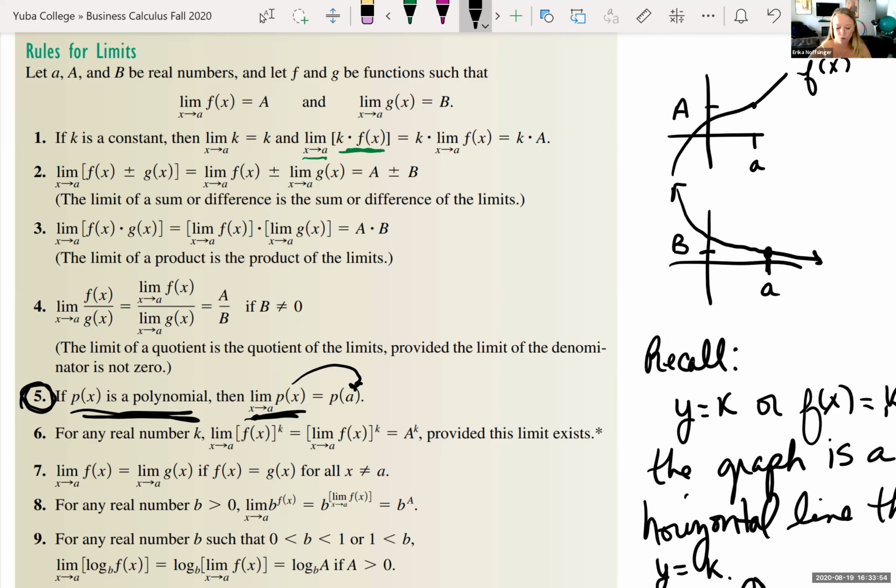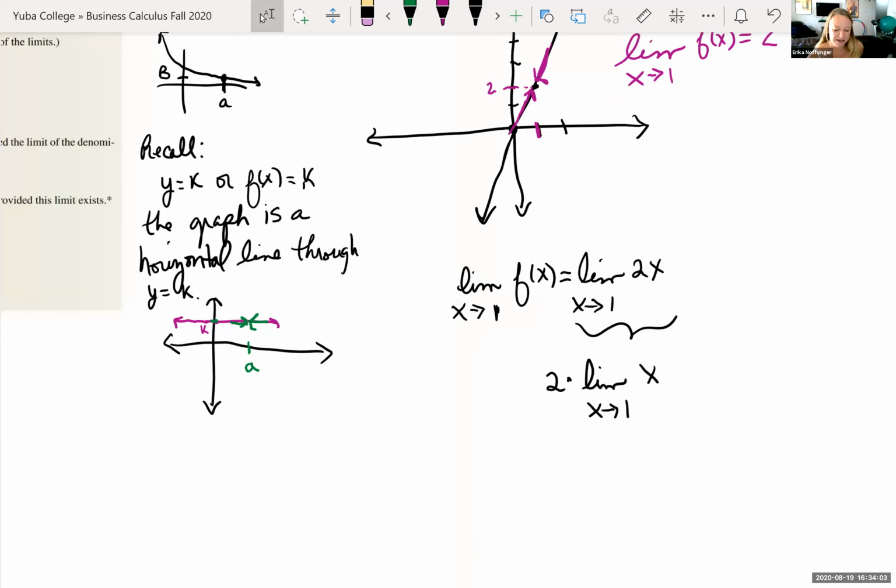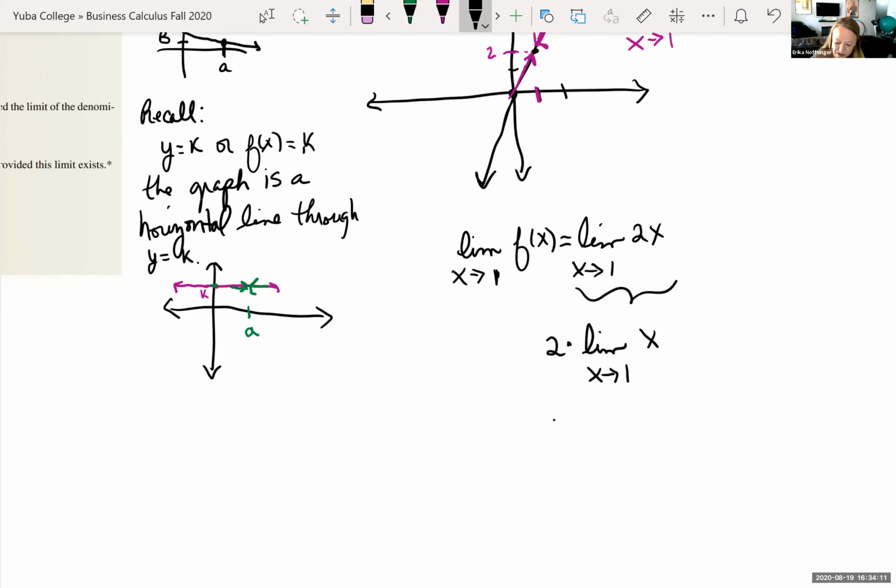So using that rule 5 over here, well, x is a polynomial, and I could have even used it here, 2 times x is a polynomial. And so this would be equal to 2 times plugging in 1 wherever I saw an x, times 1, which is also equal to 2.